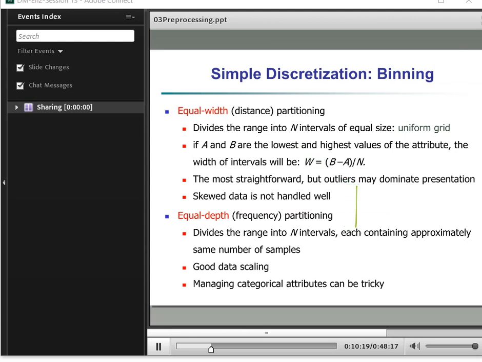For example, let's suppose that I have data with this distribution, and in equal width I define bins with equal widths, something like this.